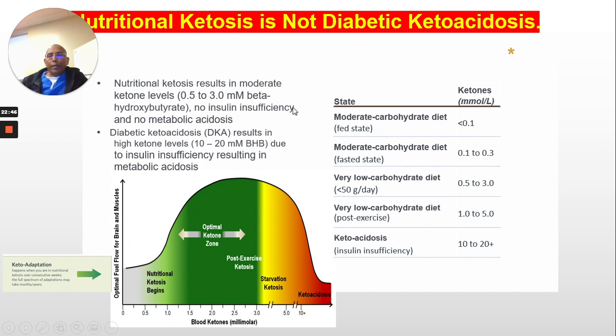When we are eating a very low-carb ketogenic diet and you have a nutritional ketosis of 0.5 to 3, then you are in that zone of optimal ketones. Now, why should we be worried about ketones? It is because of DKA, diabetic ketoacidosis.